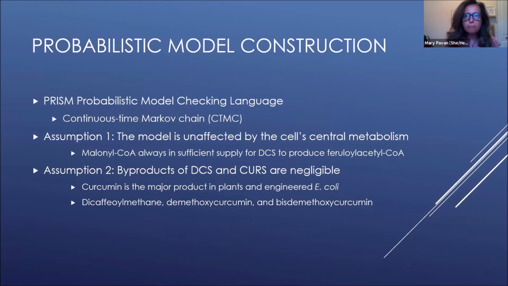Have you performed, because these are very important assumptions, any sensitivity analysis in case they are in real life affecting the production of curcumin in your organism? We have not, but we have used the cell central metabolism before.